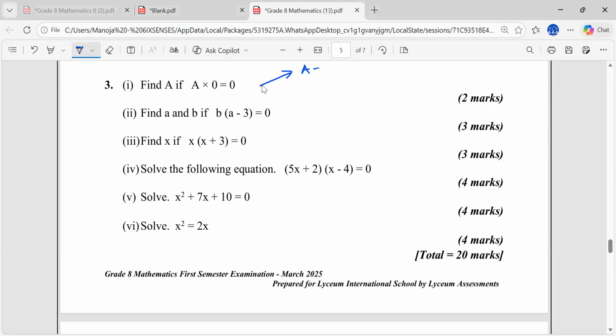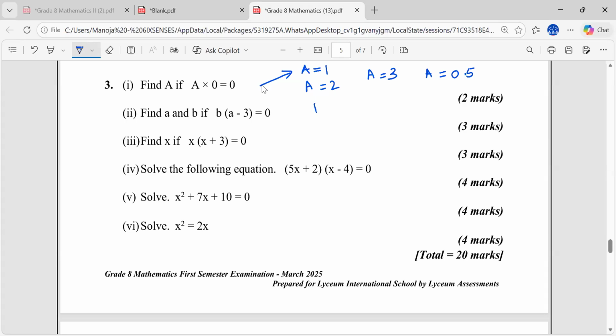A can be, let's say, 1, it can be 2, it can be 3, it can be a decimal, it can be anything. You can write any number. Find A. You can't find the A specifically, because any number you multiply by 0 gives you 0. So then the A can be anything, right?